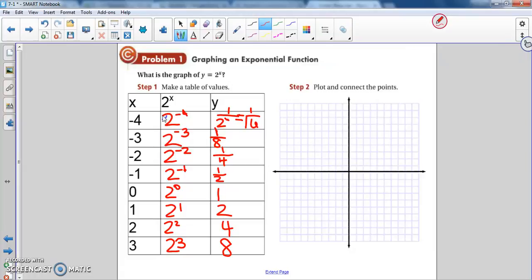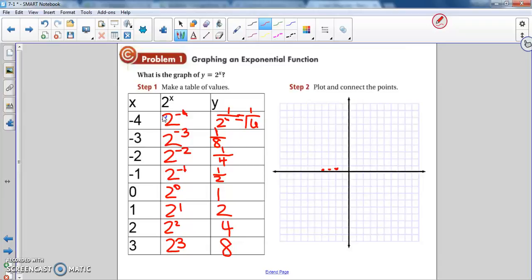So we have -4, 1/16. So that's really close to the x-axis. Then -3, 1/8. So that's still really close to the x-axis. -2, 1/4. Please see how each time we move over an x value, we're just getting a little bit higher.